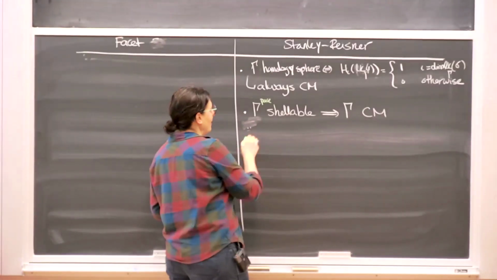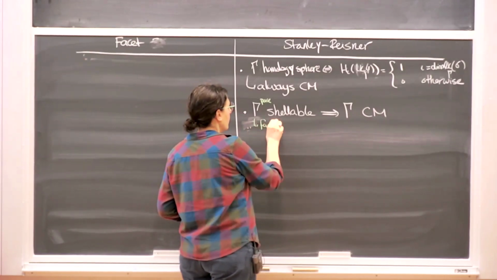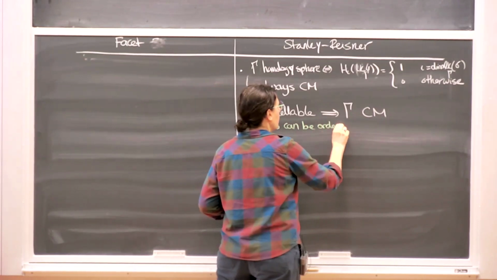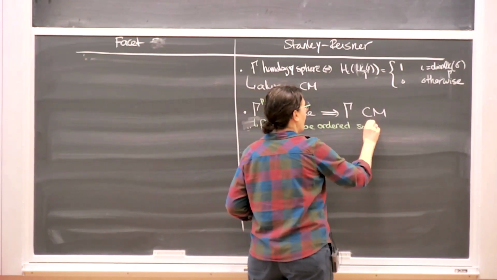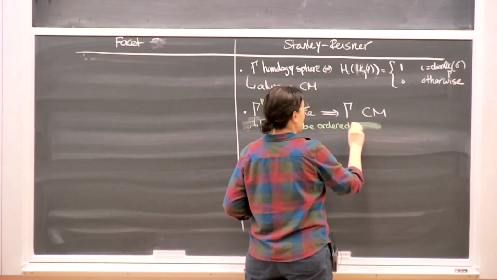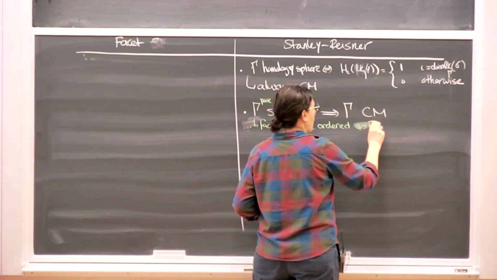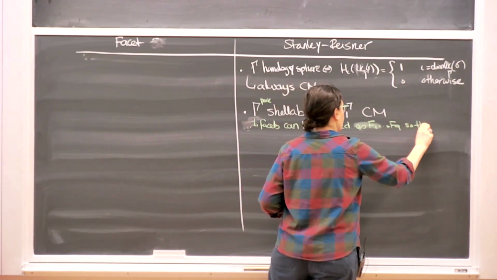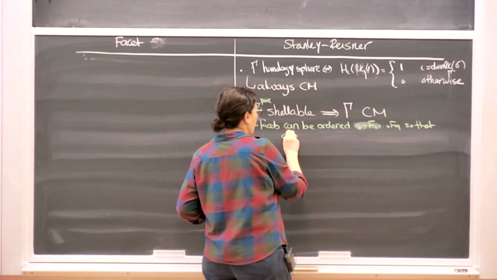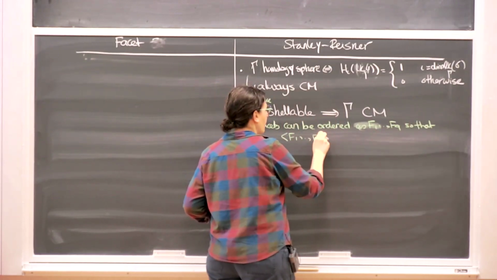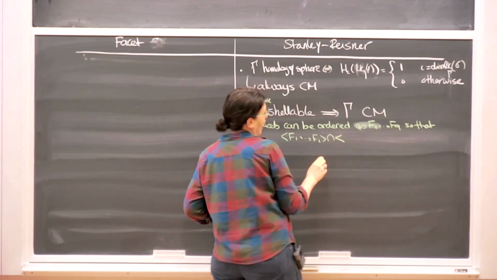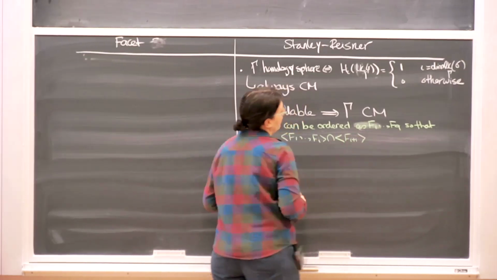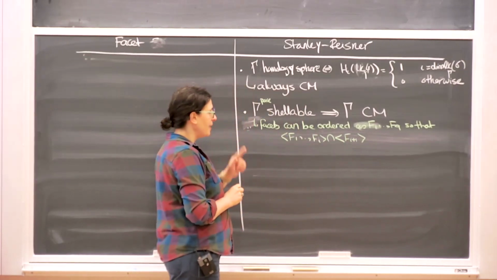That means all facets can be ordered as F1 to Fq so that if you take the first i of them and intersect with F(i+1), you're going to get something of dimension d minus 1.